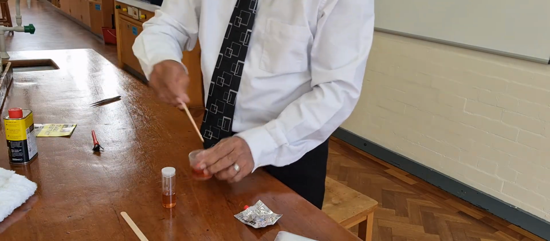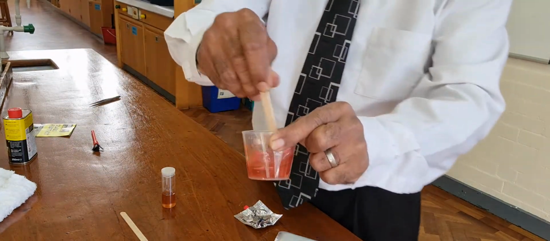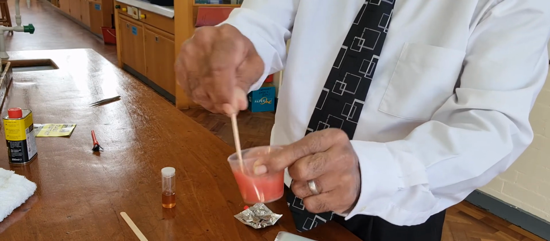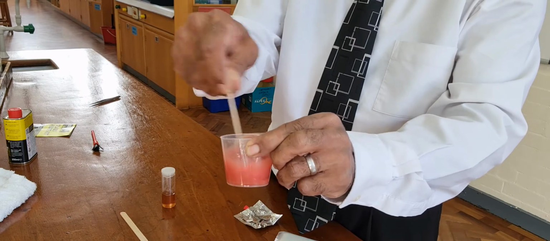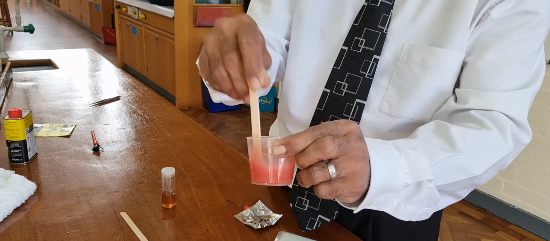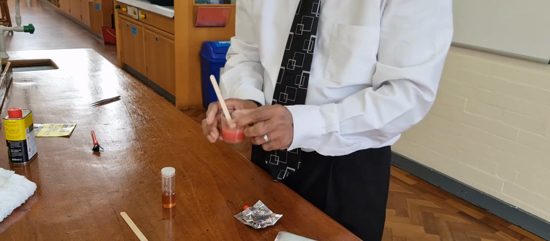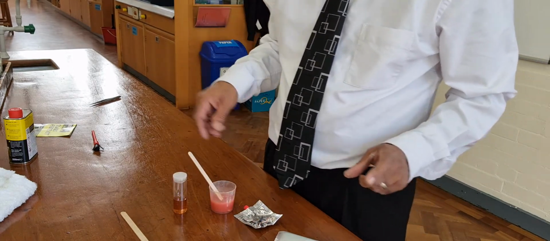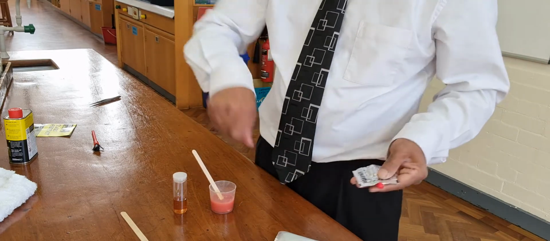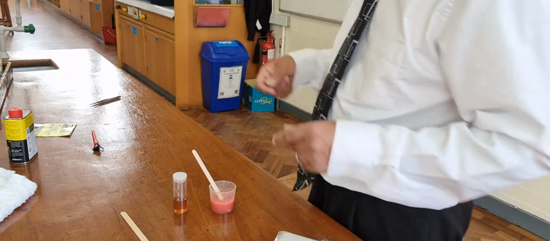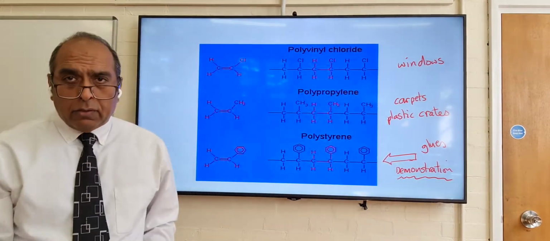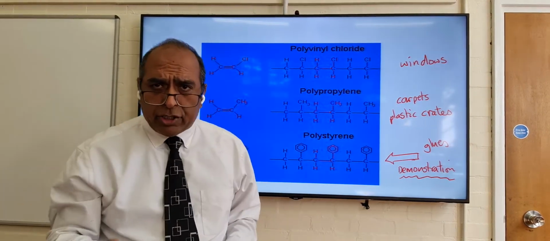So more catalyst has gone in. Just going to stir it up, hoping that it will speed up the reaction, and if the reaction gets speeded up enough, hopefully we'll get solid this lesson. If I leave that in there, it may be able to, if it solidifies, pull out the whole lump. So we'll come back to that. So that is addition polymerization.